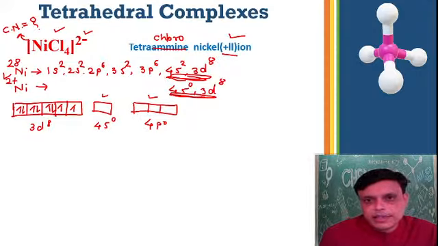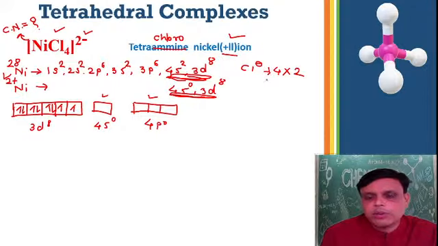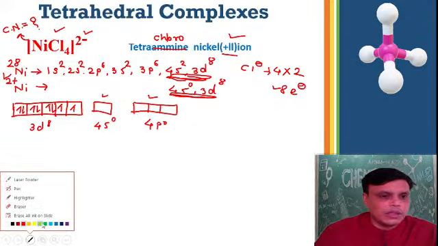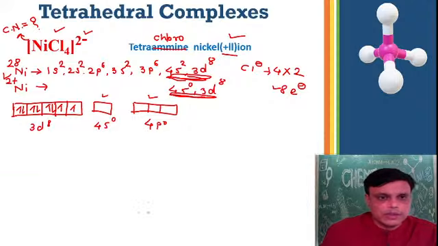So how many ligands are there? How many chloride ions are there? 4 chlorides are there, and each chloride will donate 2 electrons. So 4 into 2 is 8 electrons. Now these 8 electrons we have to fill in the 4 vacant orbitals.